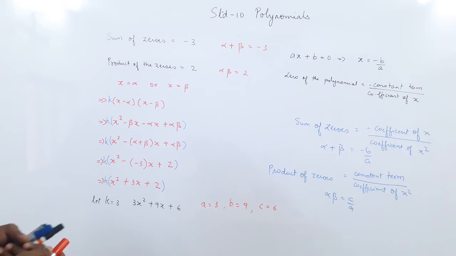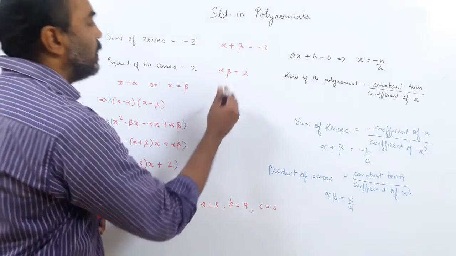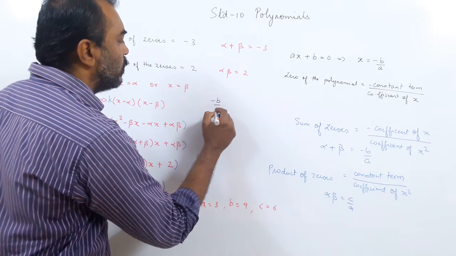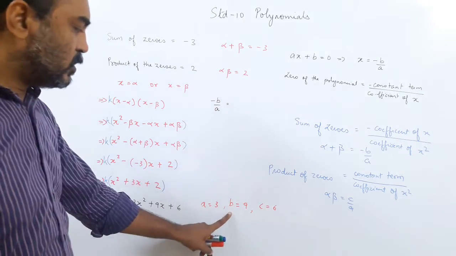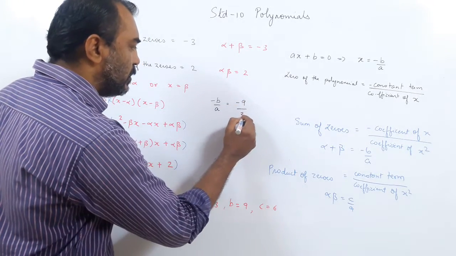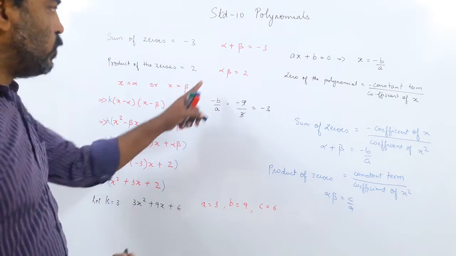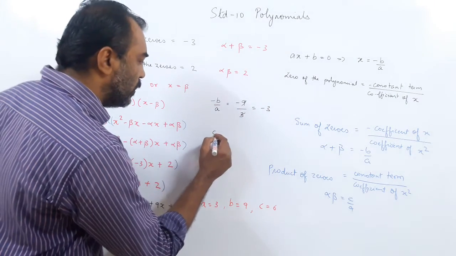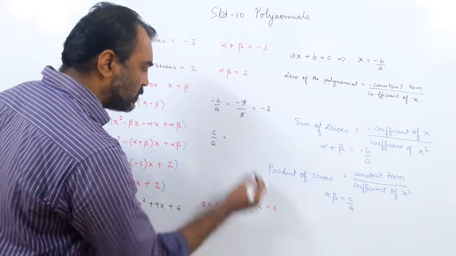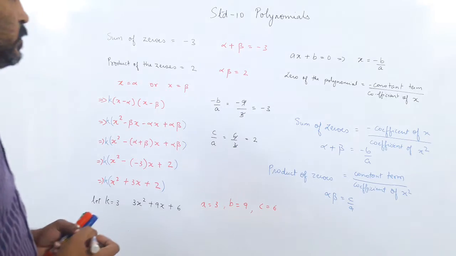Now I have got the sum of the zeros minus 3. But alpha plus beta is minus b upon a. So check, what is b? 9. So I have got minus 9 upon a, which is 3, I still get minus 3. If I do alpha into beta is c upon a, what is c upon a? 6 upon 3. I still get a 2.